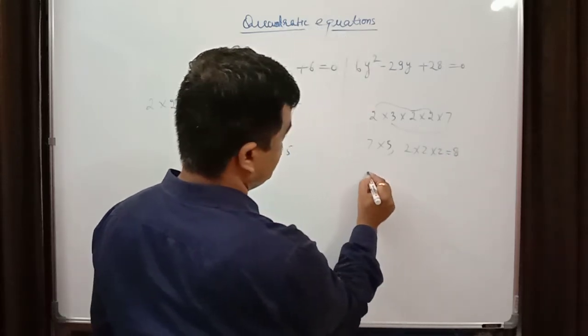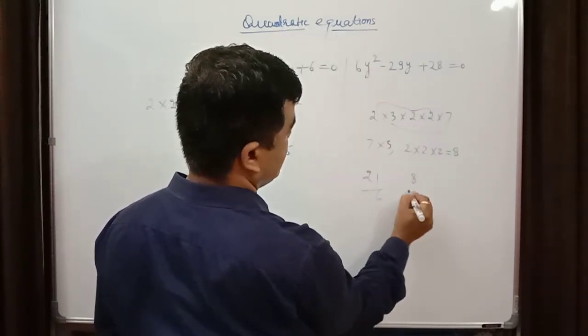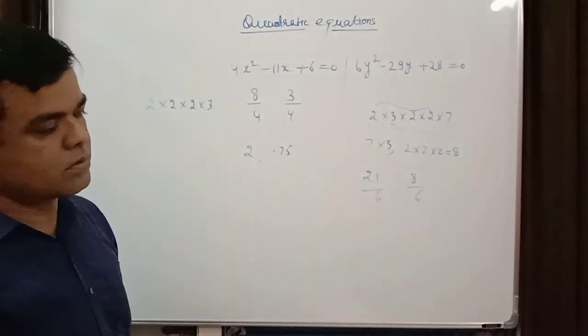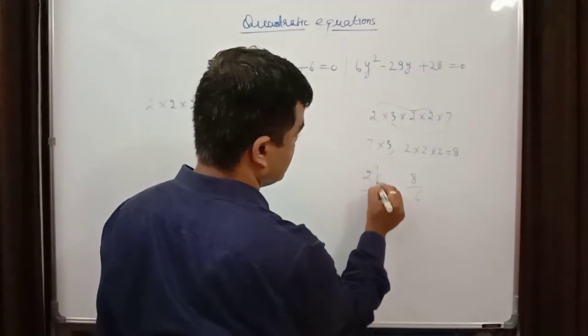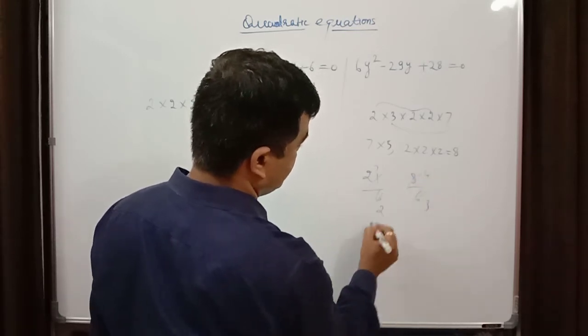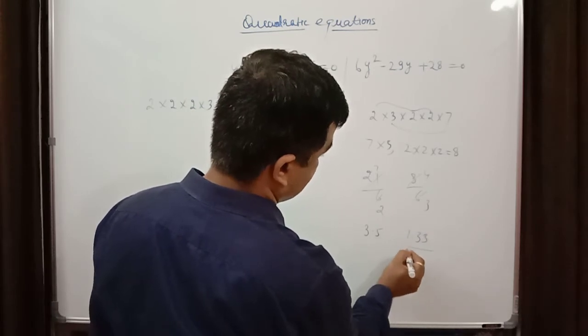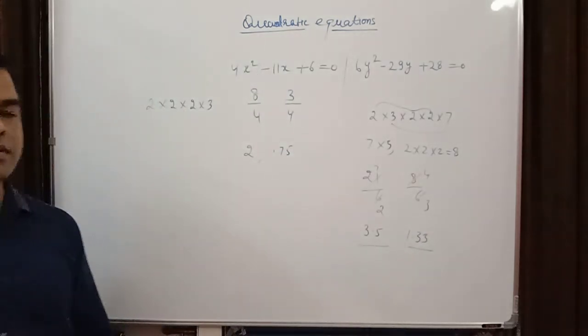Okay. So make 21 and 8 divided by 6. Divide by 6. So make it 3.5 and 1.33. So these are the two roots of y.